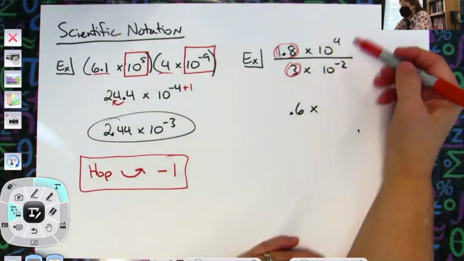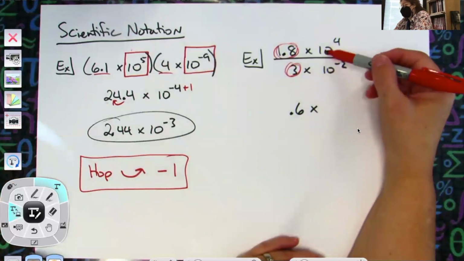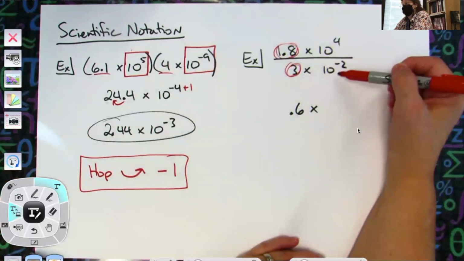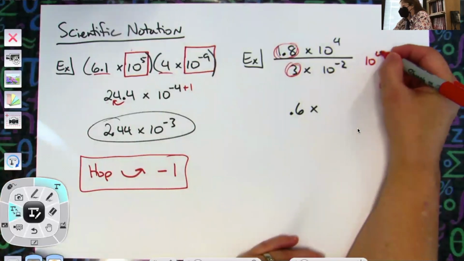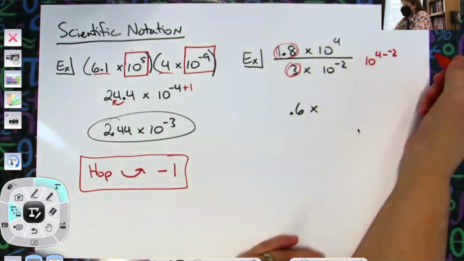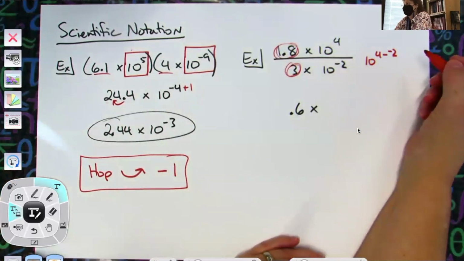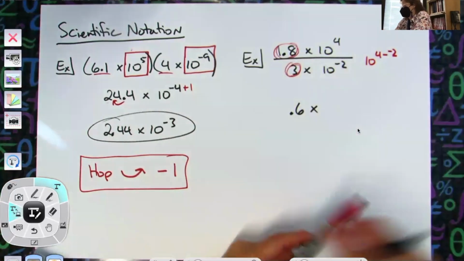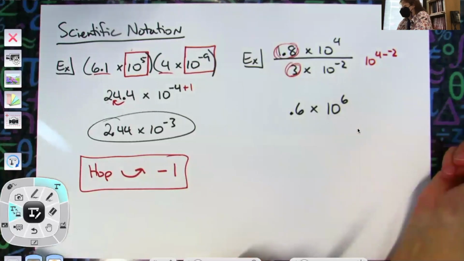This one you have to do the rule you learned in Algebra 2, which is when dividing like bases, you subtract those exponents, and you subtract them in that order, top to bottom. So this would be a 10 raised to the 4 minus a negative 2. Well, 4 minus a negative 2 gets you a 10 to the 6th. So that's the rule you've got to use with the quotient there.